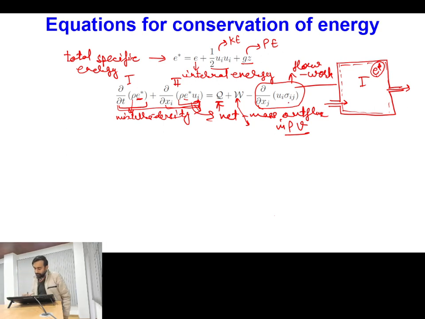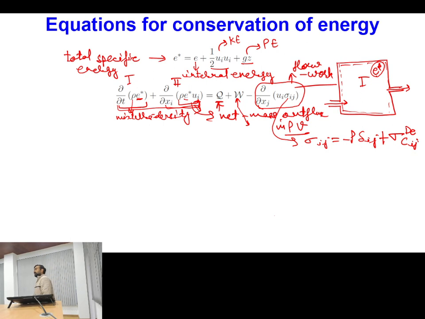So when I use this term sigma ij, at the moment its meaning is minus P into delta ij plus sigma dash, sigma deviatoric. This is for deviatoric. So that's why I am writing it multiplied by ui.